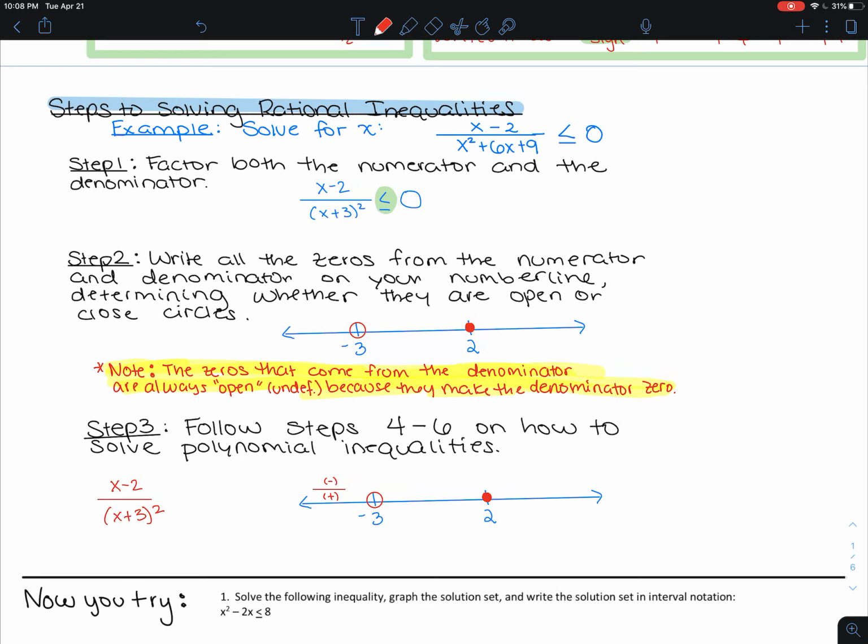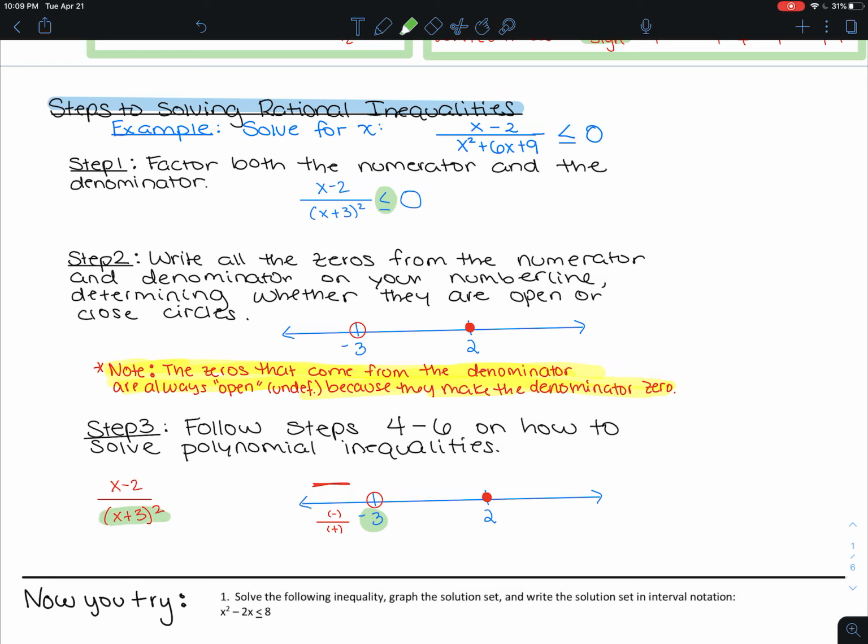A negative over a positive, I'm actually going to move this just to give me a little bit more space in the bottom, gives me a negative. I'm again going to use my shortcut. If I think about where negative 3 came from, it came from x plus 3 quantity squared.